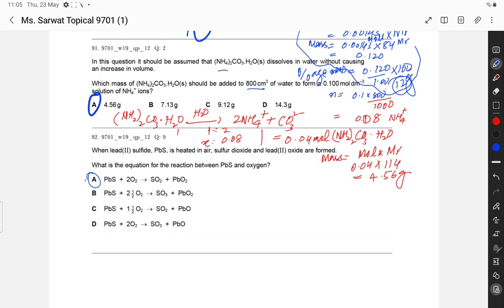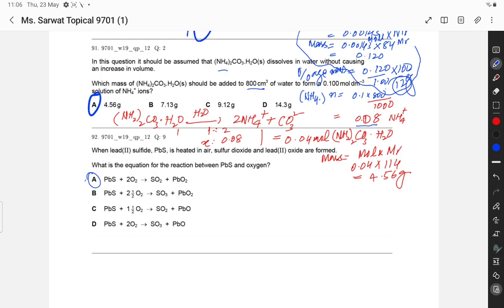Which mass of ammonium carbonate should be added to 800 cm³ of water to form a 0.100 mol/dm³ solution of ammonium ions? First calculate the moles of ammonium ions. 0.1 times 800 divided by 1000, this is equal to 0.08.